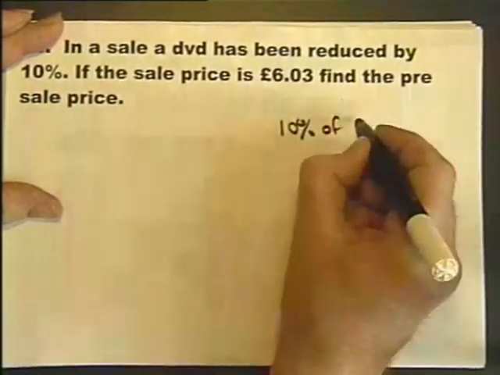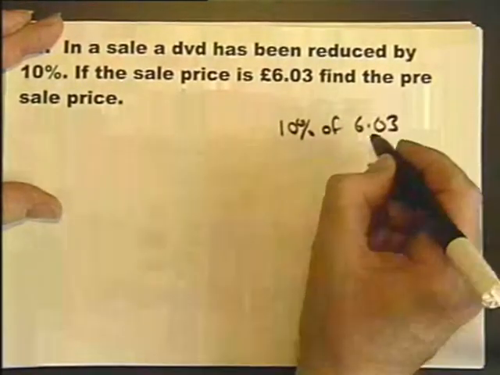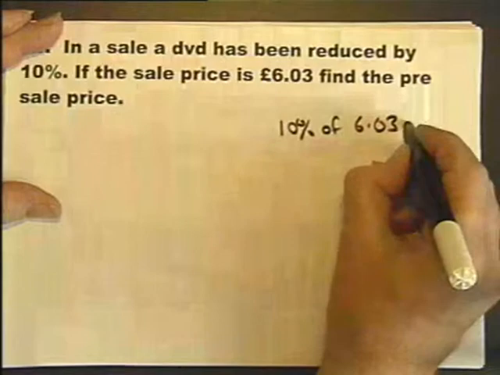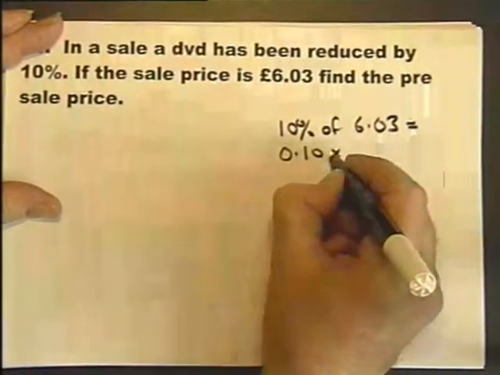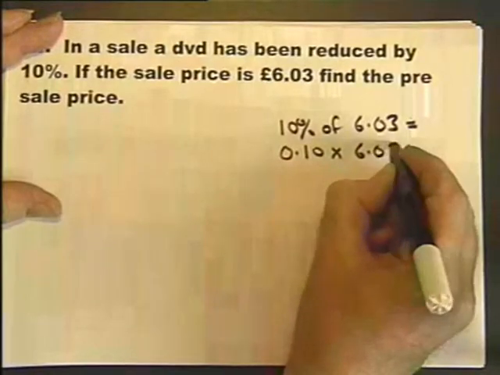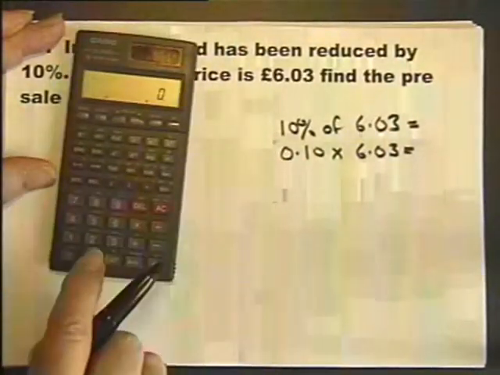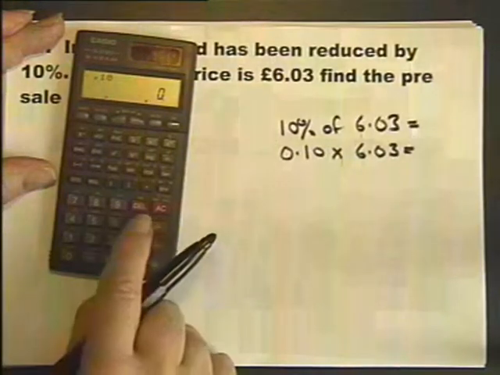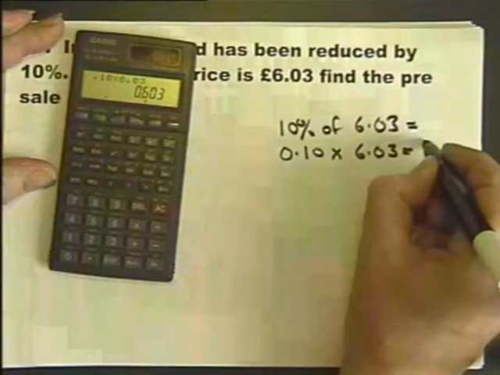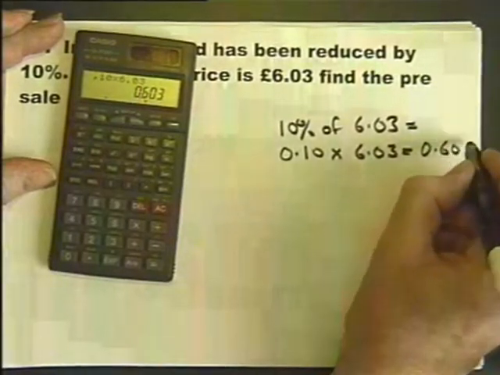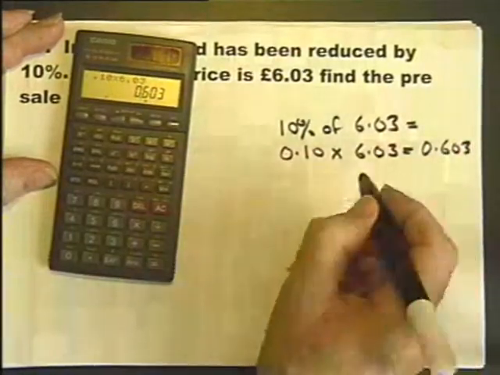10% of that, which you can do numerous ways. One way is to appreciate you can write it as a decimal and then type it into the calculator. So here we go, 0.10 multiplied by 6.03, so that comes out as 0.603, which is 60 pence and a bit, so we forget the bit.